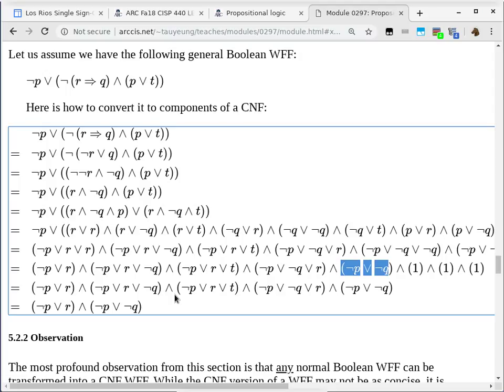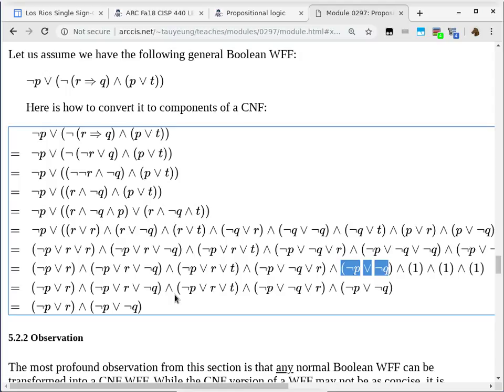So now the question is: is this meeting that requirement that we set up earlier? Is it a conjunctive normal form? Well, once again, the conjunction is implicit. So we only have two expressions to consider. The first expression is not P or R. Is that well formed?